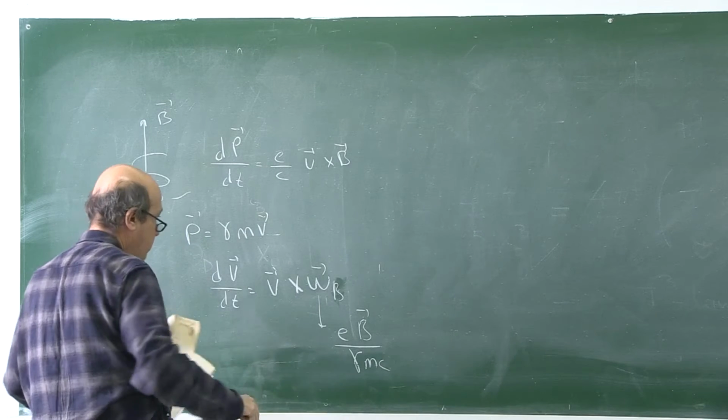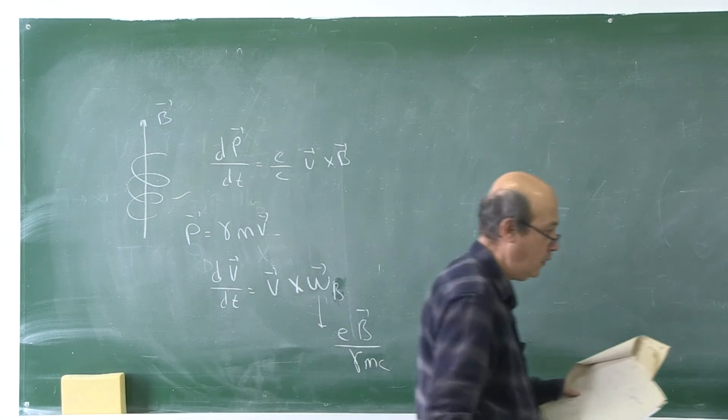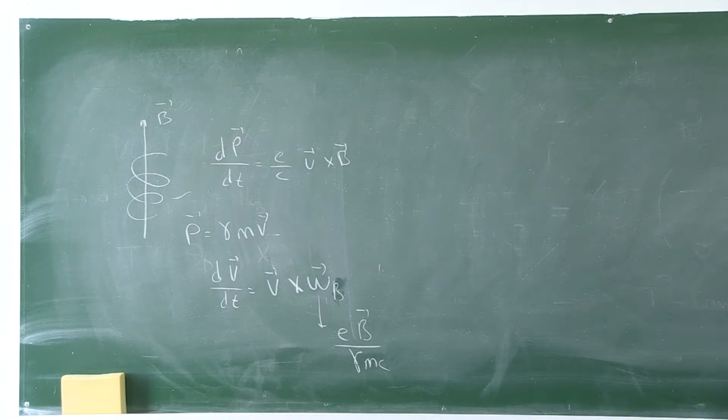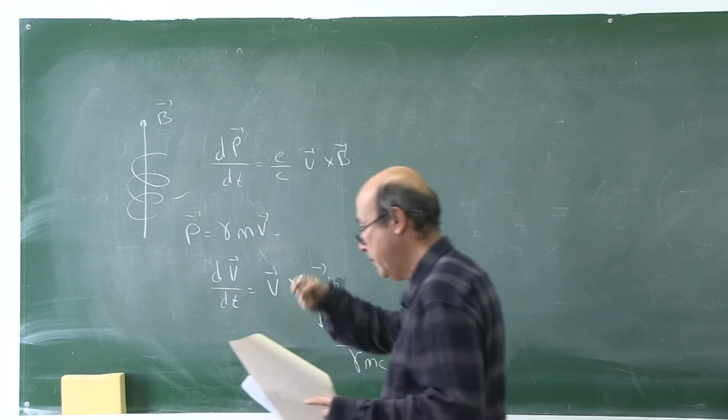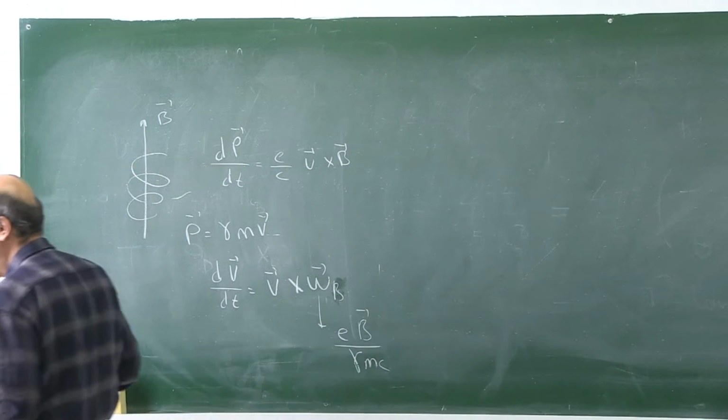So the magnitude of speed is constant, therefore the Lorentz factor is constant, but the velocity is changed because the particle is gyrating under the uniform magnetic field.